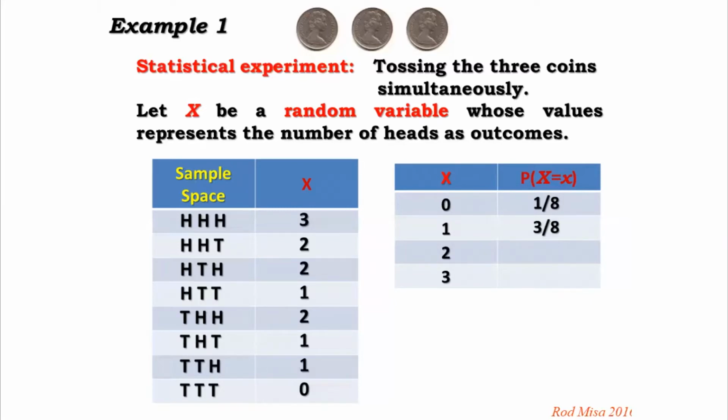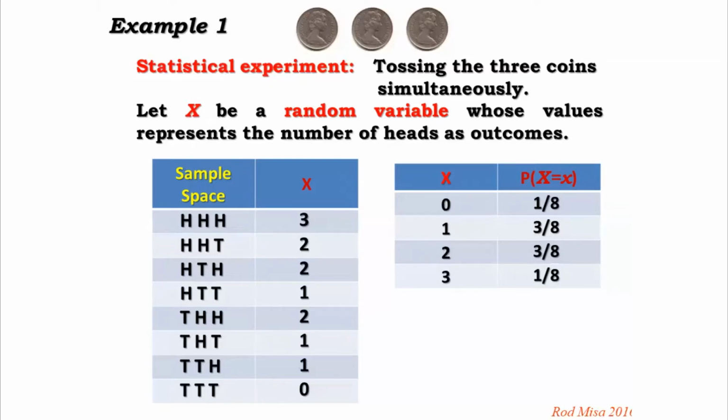But the value of 2 for the random variable x will also have a probability of 3/8 because there are 3 possible outcomes out of 8 outcomes there. But there is only 1 out of 8 outcomes that has all heads in the result.